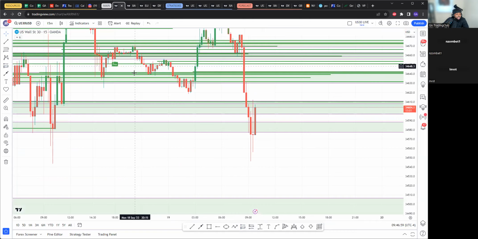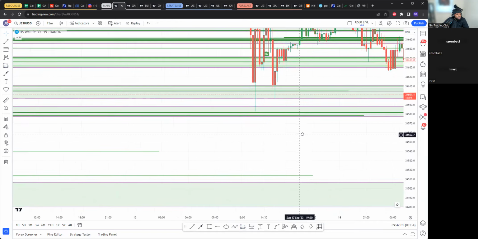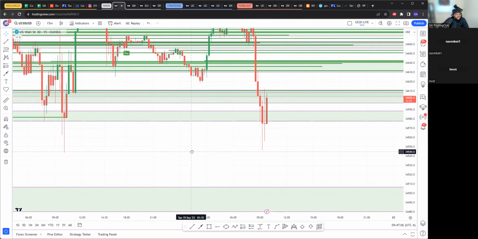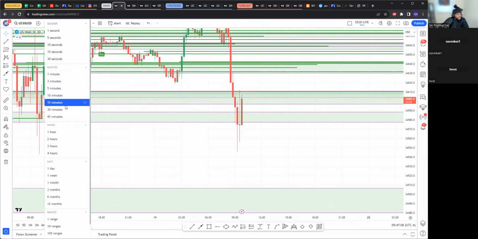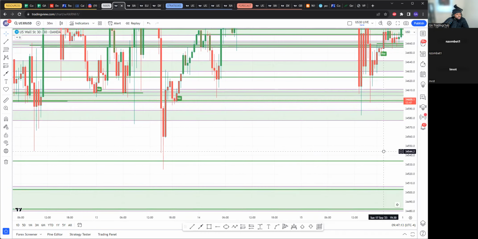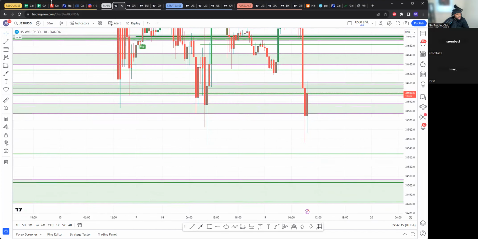Yeah, hoping to get something on the 15. So give me one second. This is a 15-minute triple SAR. 30 minutes is the one above it.